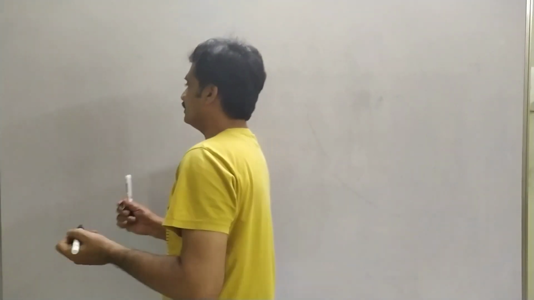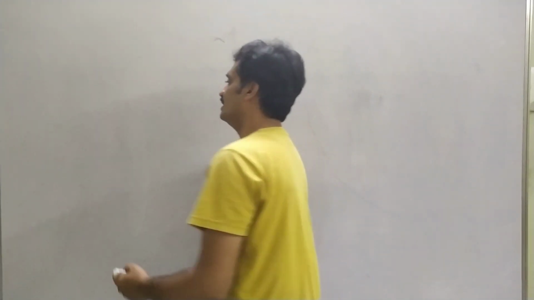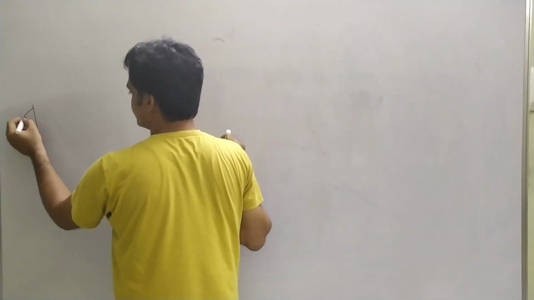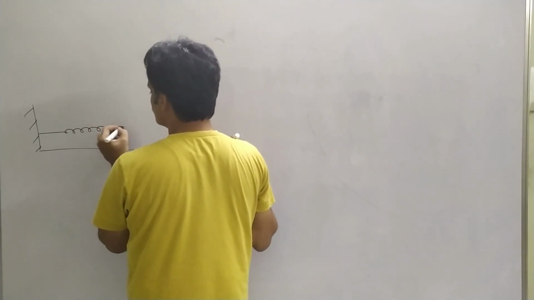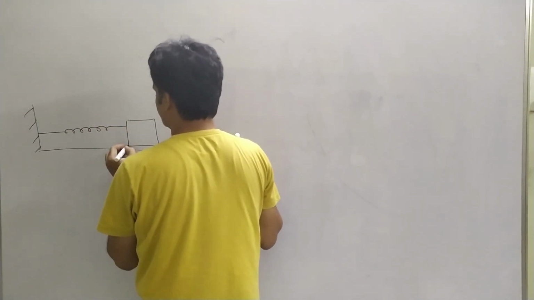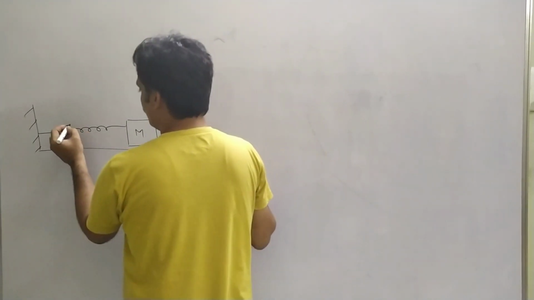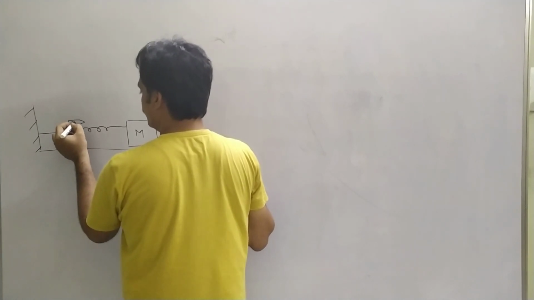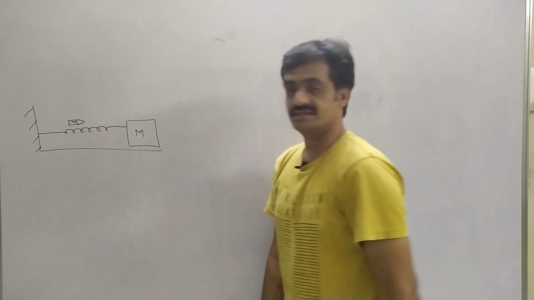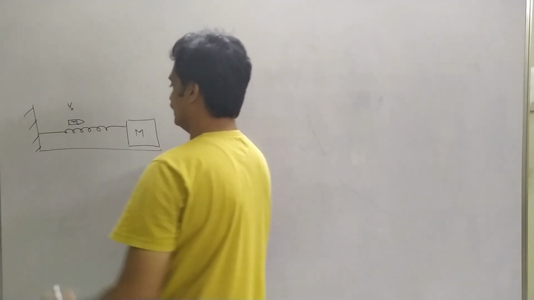Now we are going to see another case for the spring block system. In this system we consider the spring along the horizontal, attached to a mass M. Now a bullet of mass small m is fired towards the mass, traveling with a velocity of v naught.